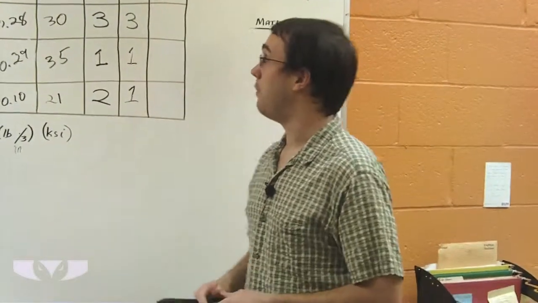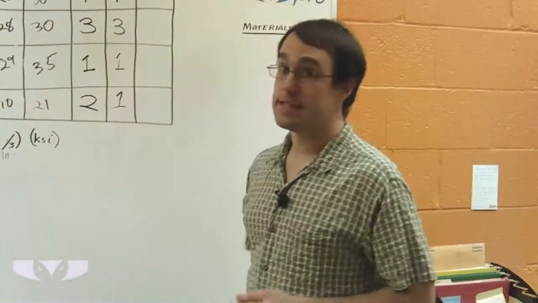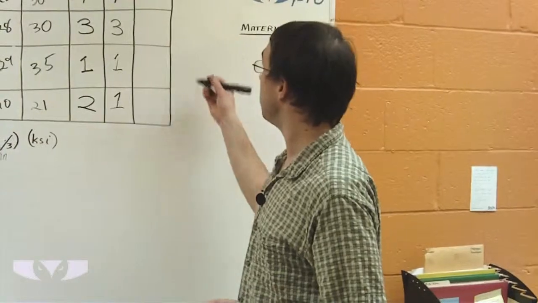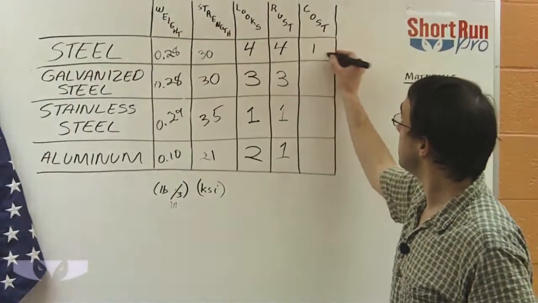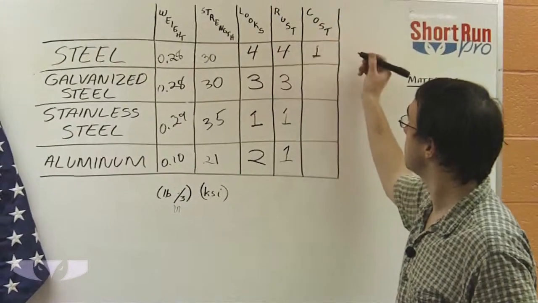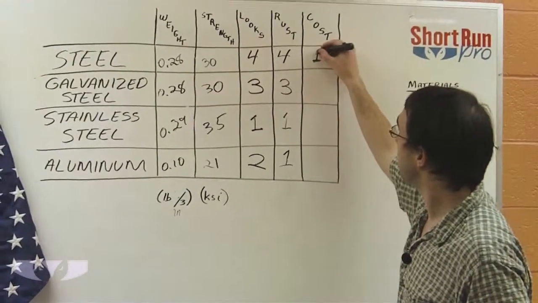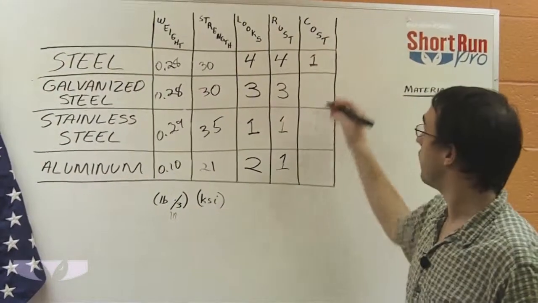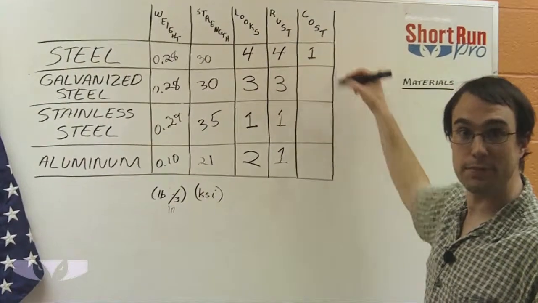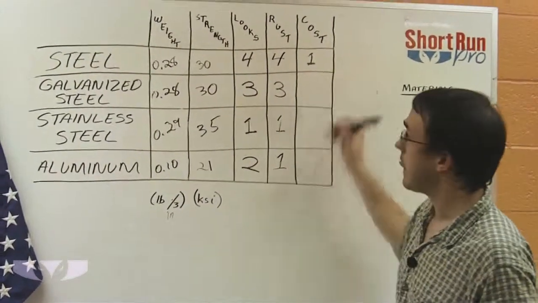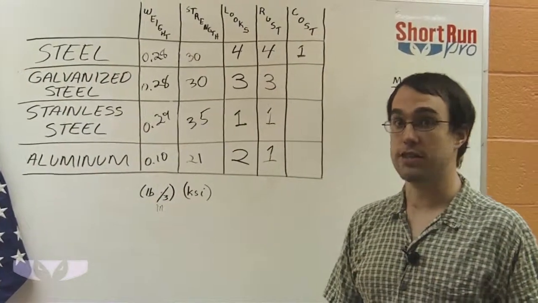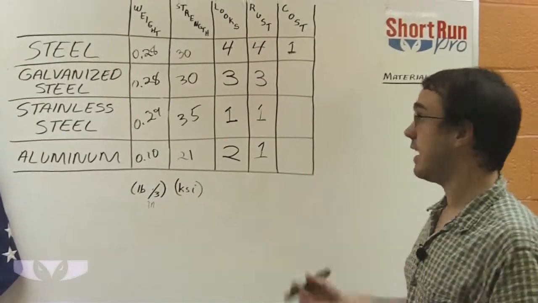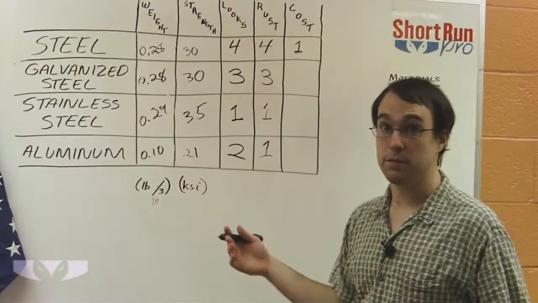Now, like I said, cost is always a very large consideration for anybody who's designing a part. And I've actually arranged these in the order of cost. So steel is going to be the least expensive. So follow me on this. One is least expensive, and then 4 is going to be most expensive. Galvanized steel, because it is steel, you just add a little bit of extra zinc on top of it, is also going to be very cheap.